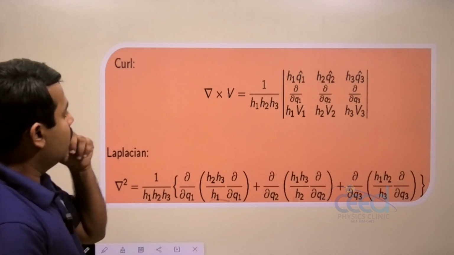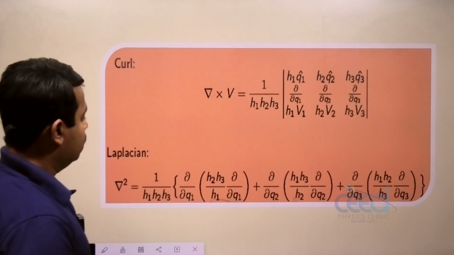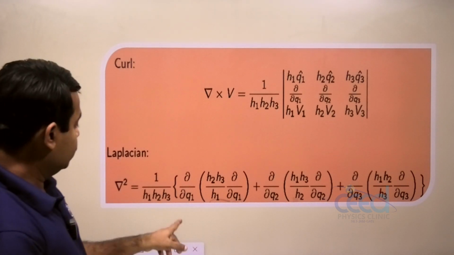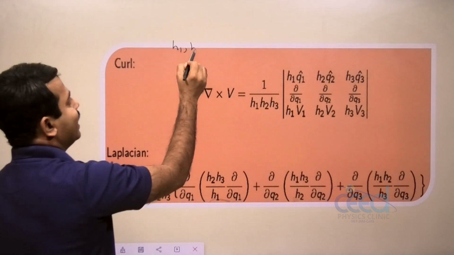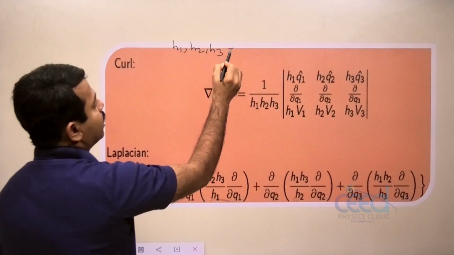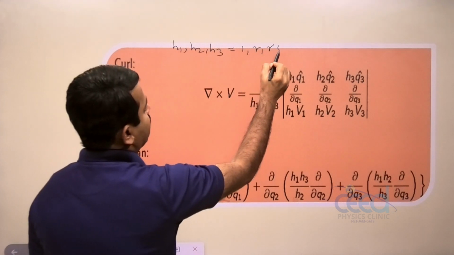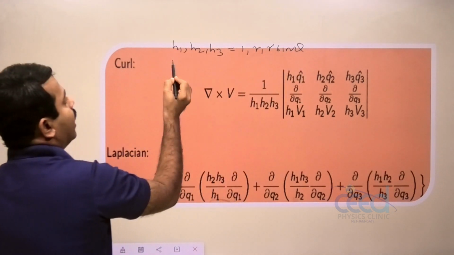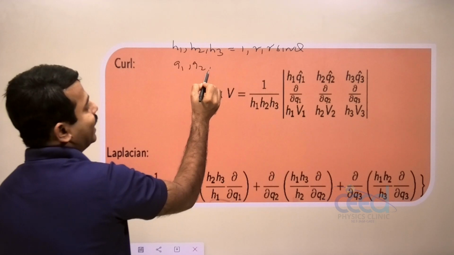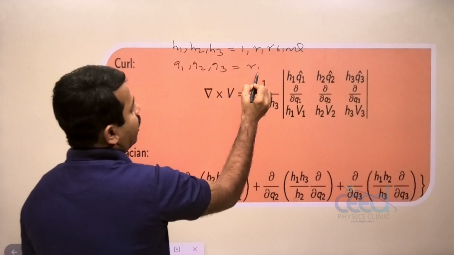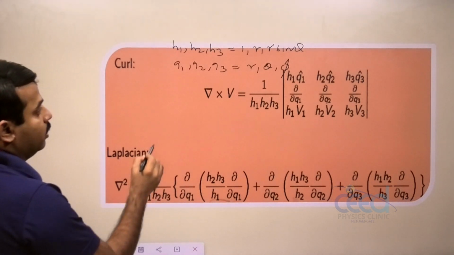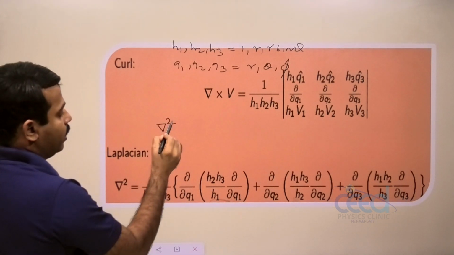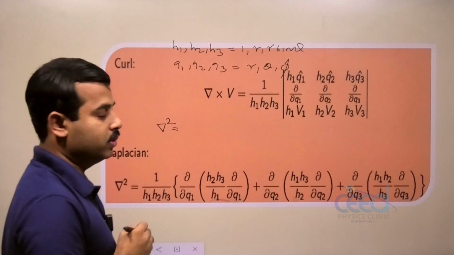Now see here, for example, the Laplacian operator for a spherical polar coordinate system: H1, H2, H3 are 1, R, R sin theta, and Q1, Q2, Q3 are R, theta, phi. Now substitute here. What is the del square value in the spherical polar coordinate system?